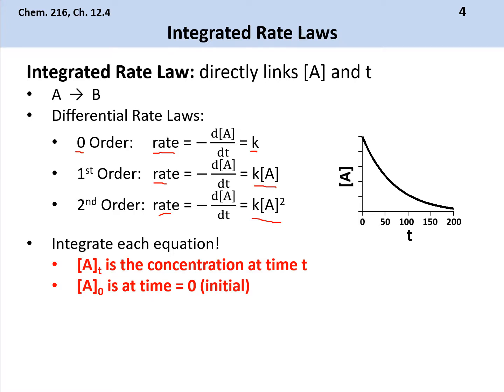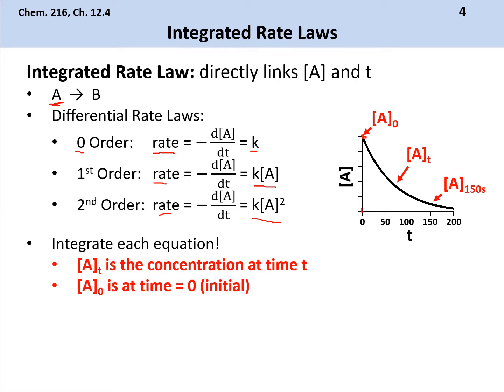Now, there's one thing I'm going to do just to make life easier. Let's say I have a plot of concentration versus time. This is a reactant, so the reactant goes away with time. Product forms. Now, at any given time, right here is the concentration at time 0.